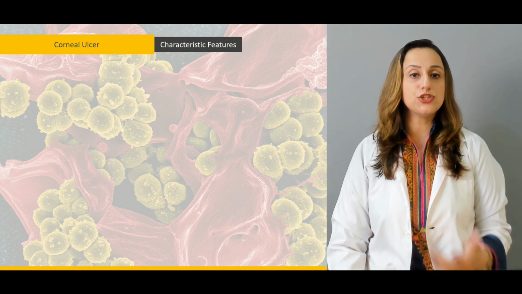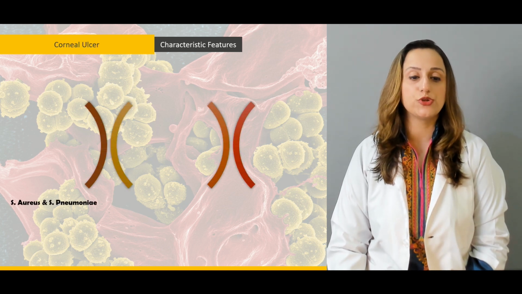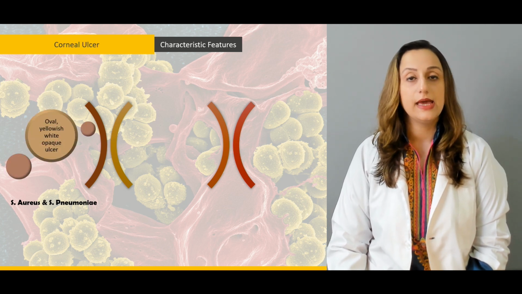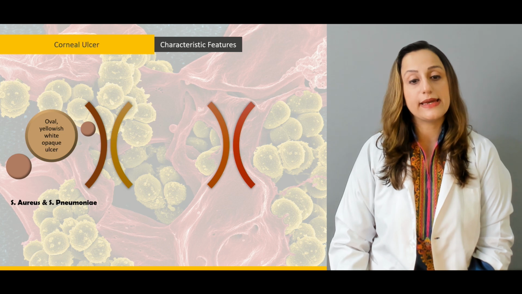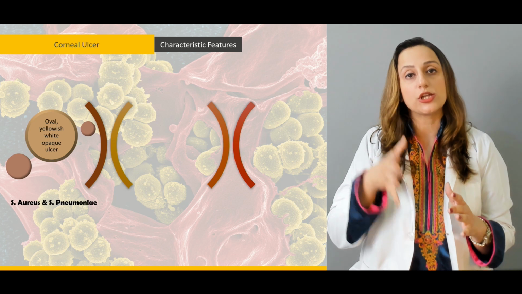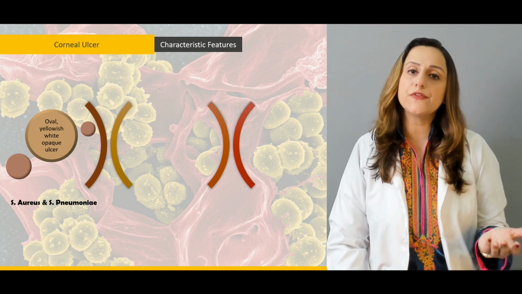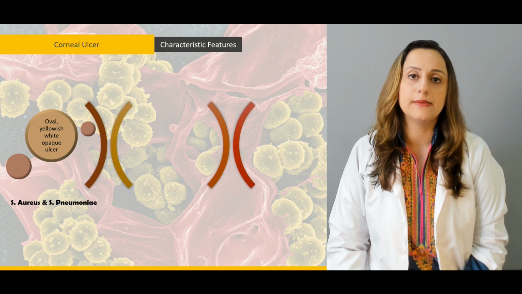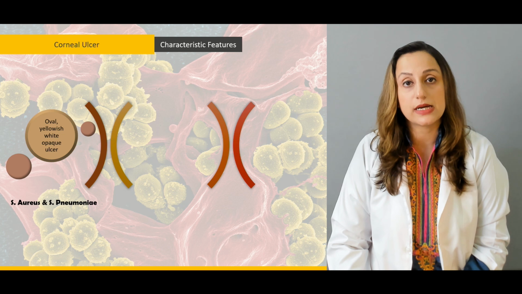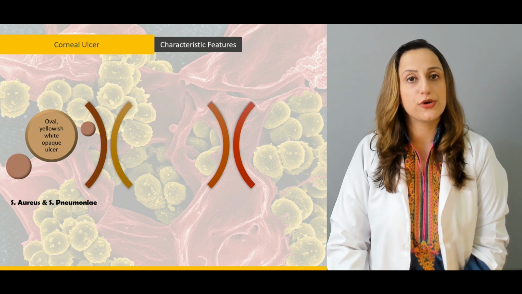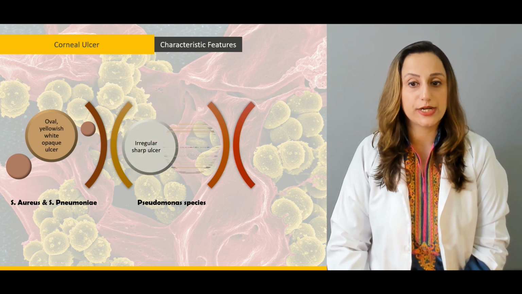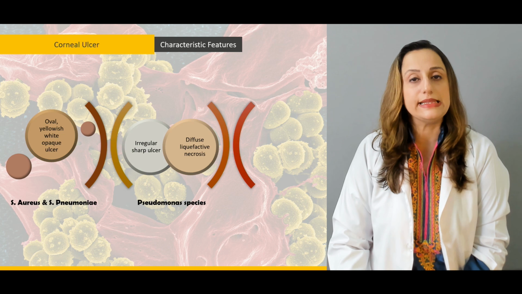The characteristic features for corneal ulcerations: if it is caused by Staphylococcus aureus or Streptococcus pneumoniae, then there would be an oval, yellowish-white, opaque ulcer. So these are the characteristic features depending upon the causative organisms. Again, when you haven't sent any histopathology or culture and you still want to know which organisms are involved, the Pseudomonas species give irregular sharp ulcers as well as a diffuse liquefactive necrosis.